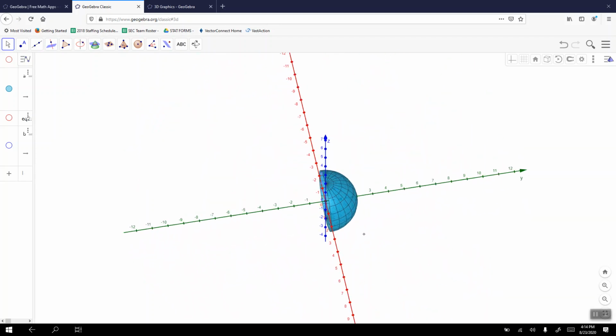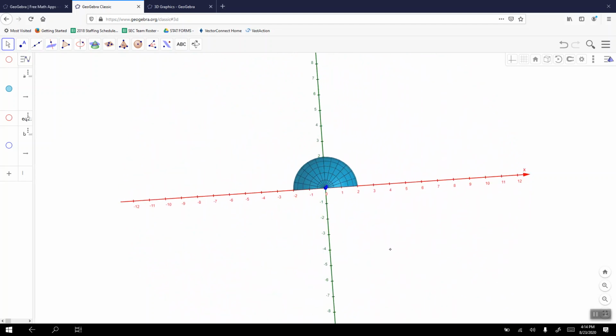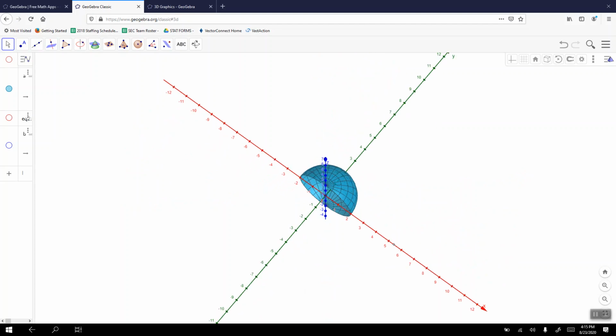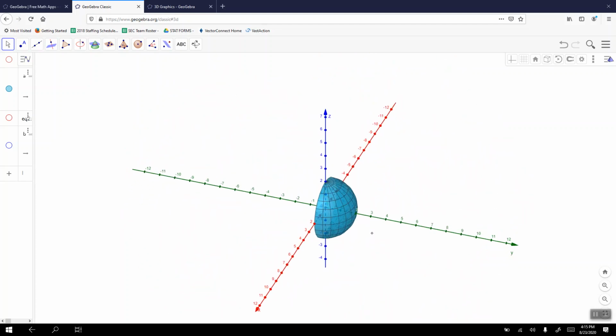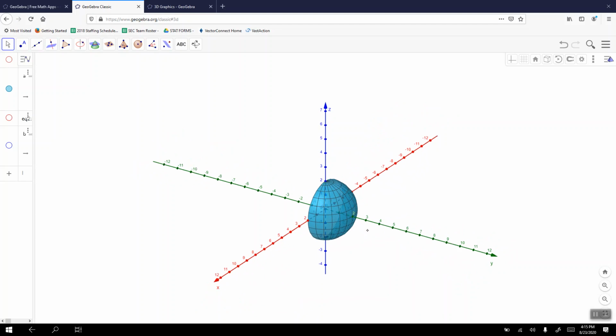It's part of the sphere, and you can see that only the right side, where the y values are greater than or equal to 0, exists for this sphere. And there you are. Looks really neat. So that's for part A.